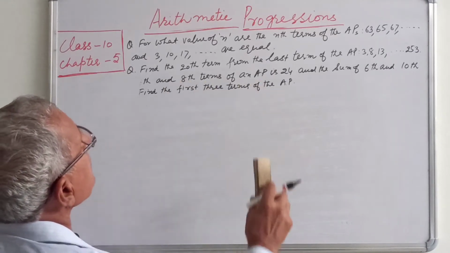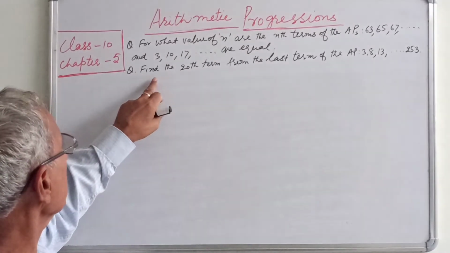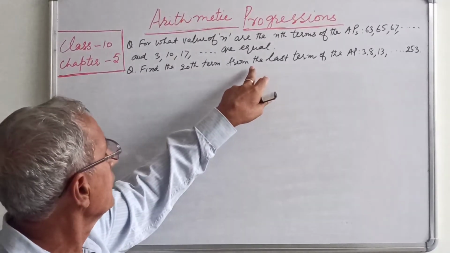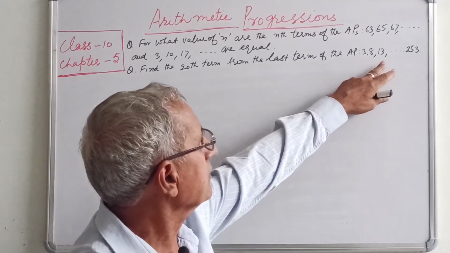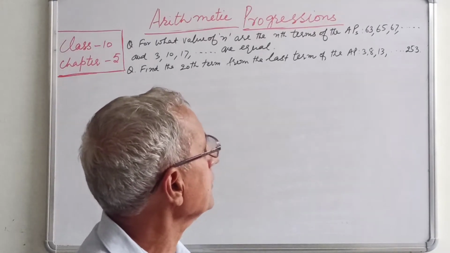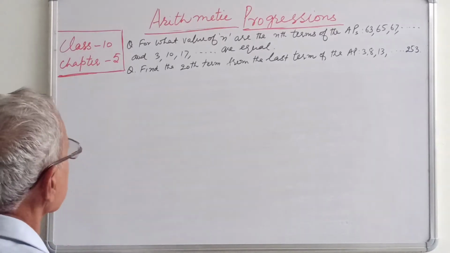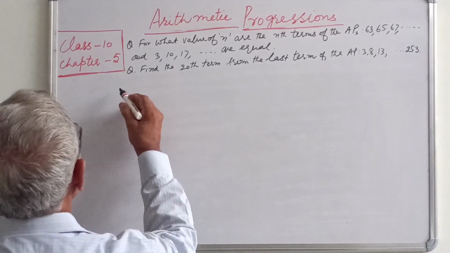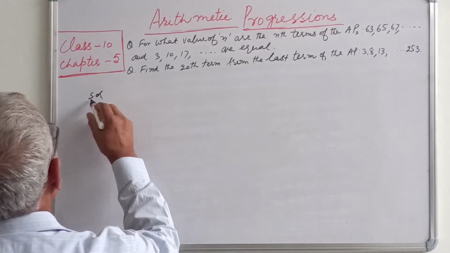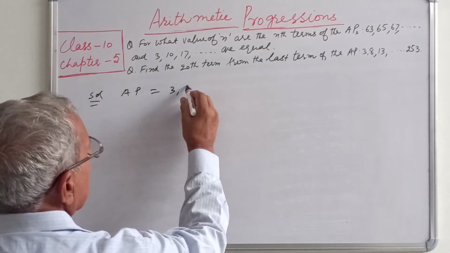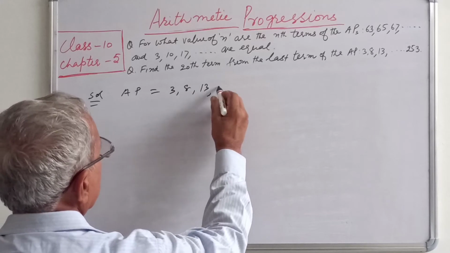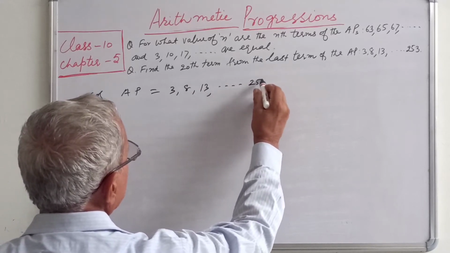Find the 20th term of the AP. The next question is find the 20th term from the last term of the AP 3, 8, 13, and the last term is 253. The given AP is 3, 8, 13 and 253 is the last term.